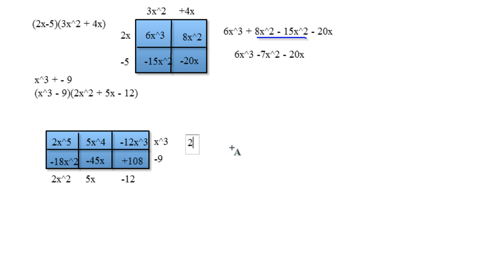So this is 2x to the fifth plus 5x to the fourth minus 12x to the third minus 18x to the second minus 45x plus 108. And voila, I have my answer.